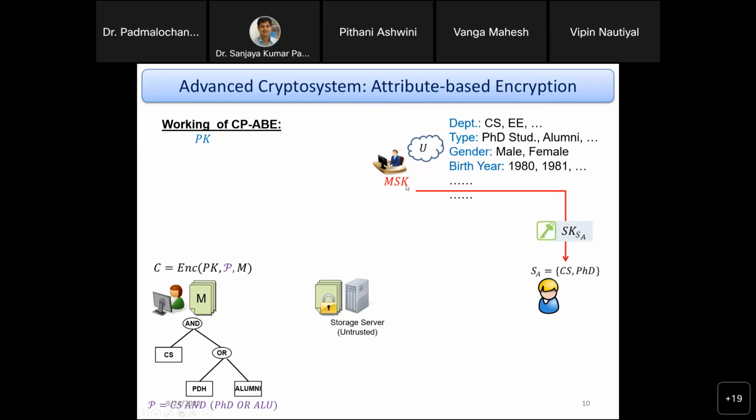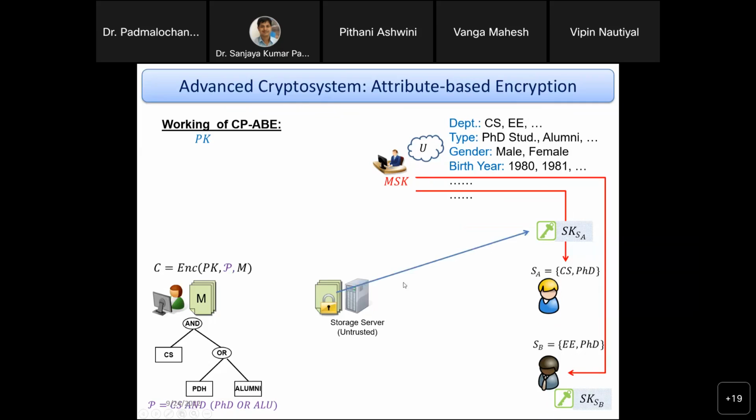So from the master secret key, the secret key component for a particular attribute is generated and shared to the respective user. Similarly, another secret key component for the other user is also shared to that user from the master secret key, and these are used to access the data.